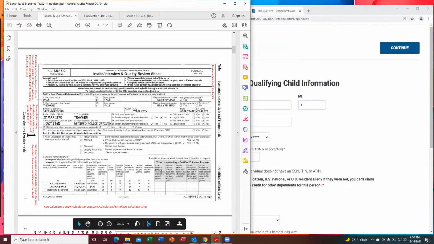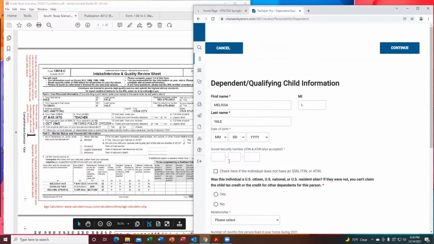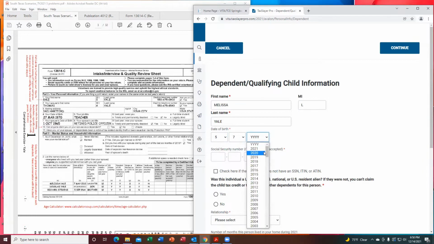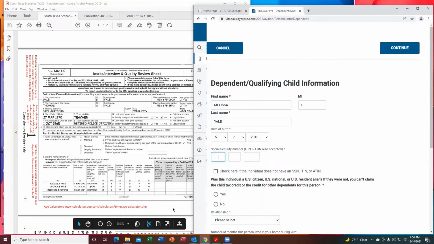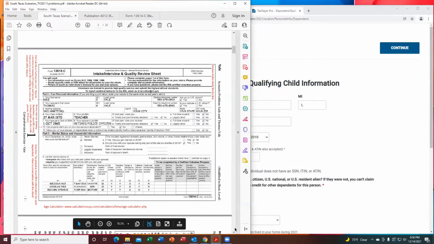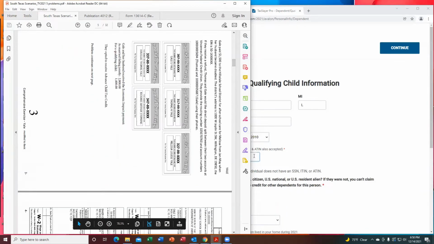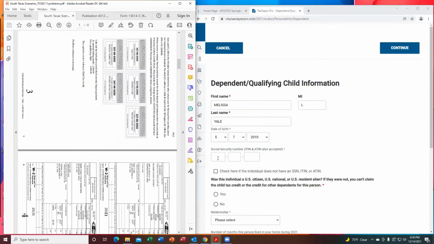And so May 7th of 2010. And then her Social Security number, 32700. And then we add the rest of the information.